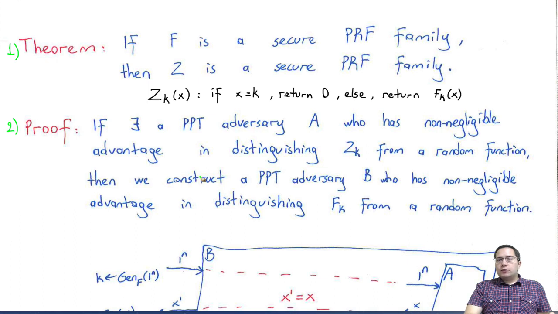Then we construct another probabilistic polynomial time adversary B who has non-negligible advantage in distinguishing F_k from a random function.